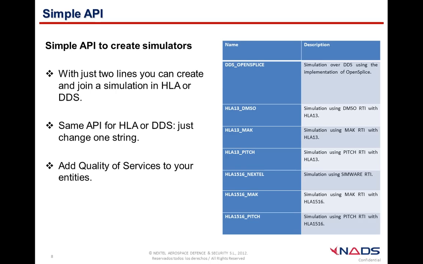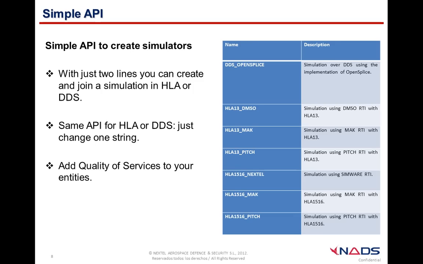The API we provide is very simple. With just 2 lines of code, you can make a simulation and you can join it. And these 2 lines are the same for HLA or DDS. You can join a federation in HLA, or you can make a simulation in DDS with these 2 lines, just 2 lines.